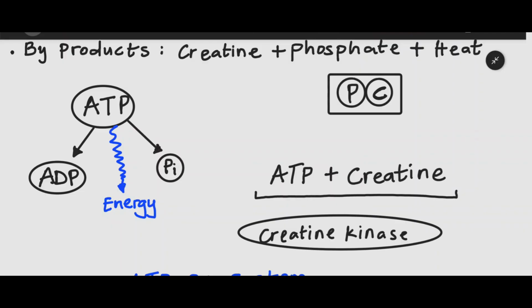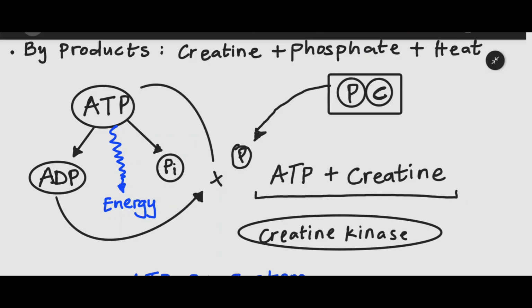The phosphocreatine molecule lends one of its P, and it adds that with ADP, and that's able to create an ATP again, and the reaction goes on.